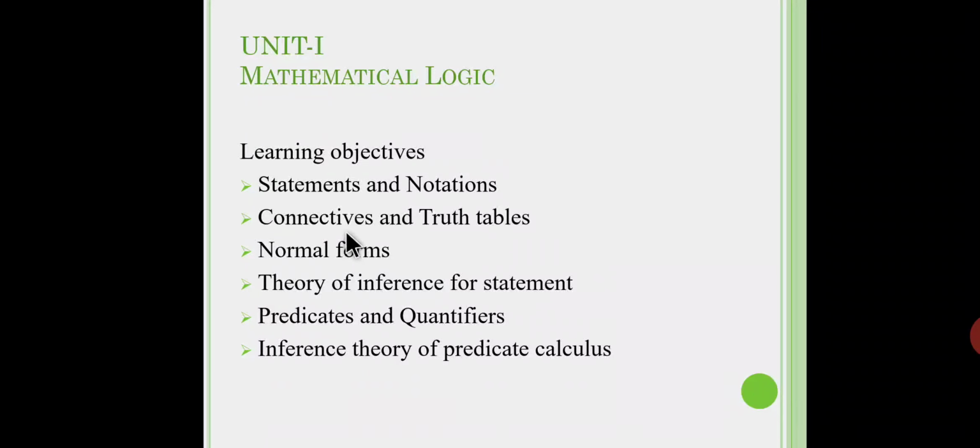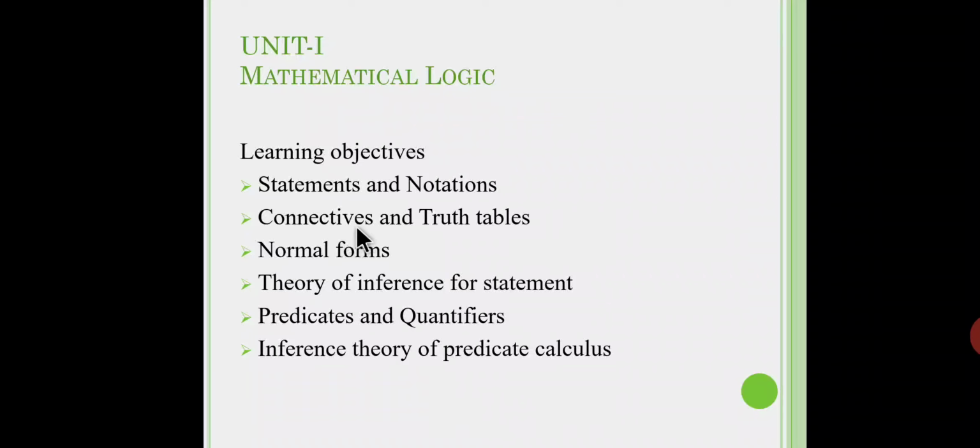Next, implication, another name is if-then. If P is true and proposition Q has truth value false, then P implication Q is false. In the remaining cases, the compound statement P implication Q is true.